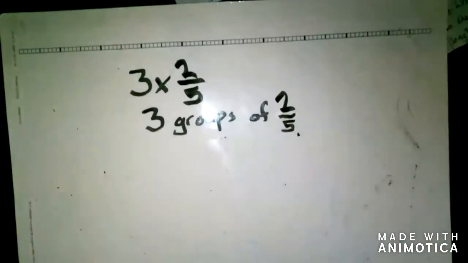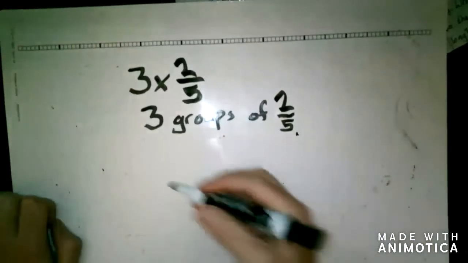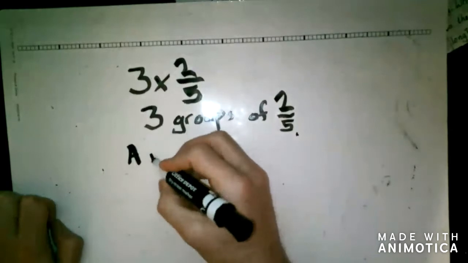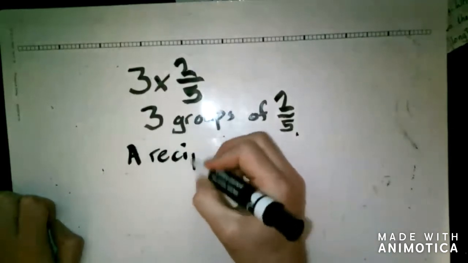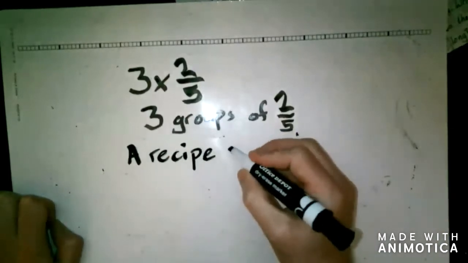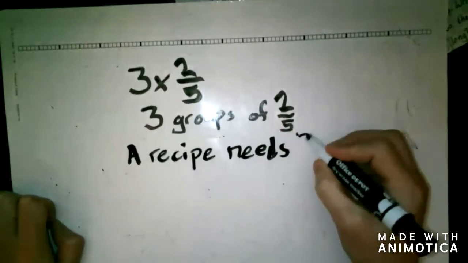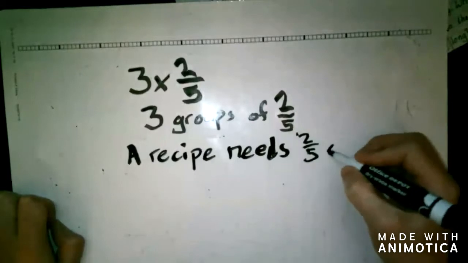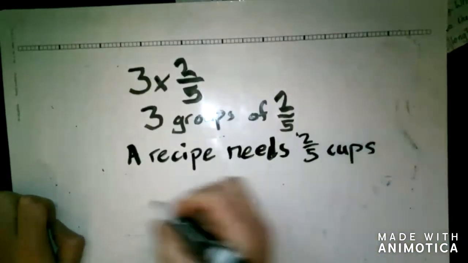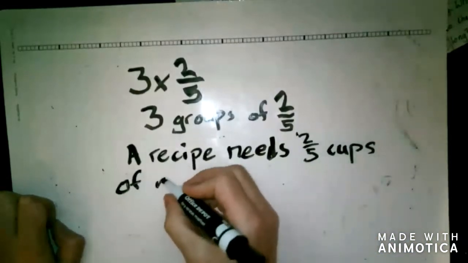I'm trying to think of what you might have 2/5 of. I could say a recipe needs 2/5 cups of milk.